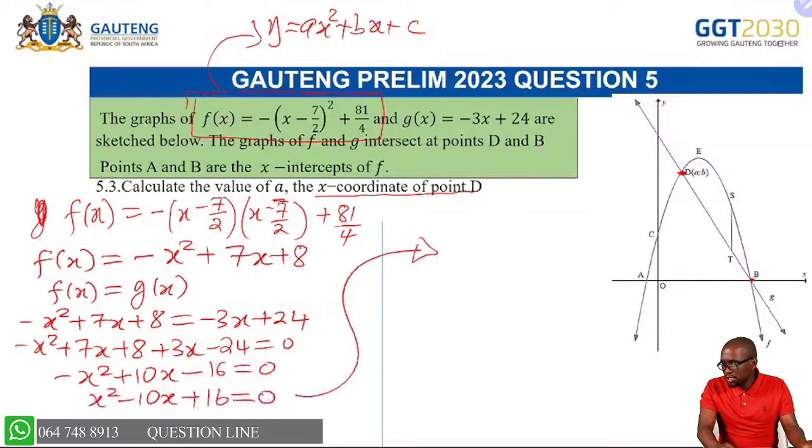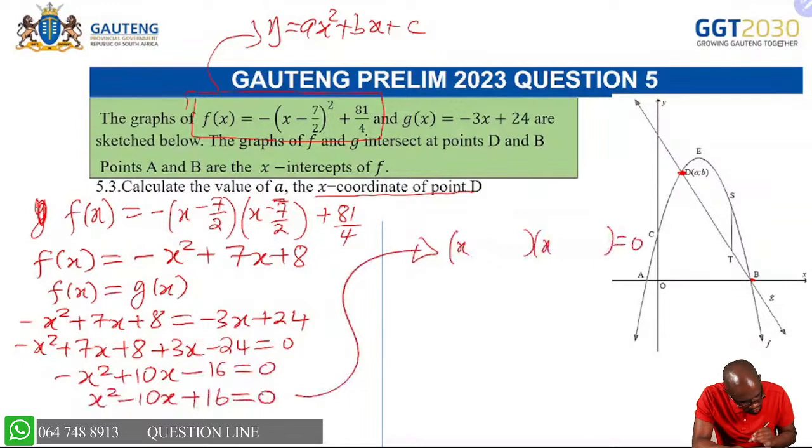So now we just need to actually find our factors. So this would be x equals to 0. The factors of 16 which can give us that should be 8 and 2, and both of them should be negative. So x is equal to 8 or x is equal to 2.